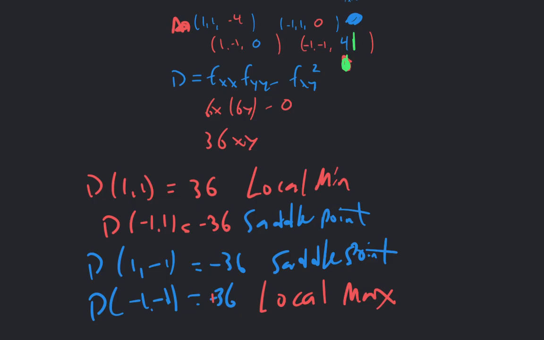So if we were to graph something like this, and I know this is a very simplified graph, we would have 2 points where it's like a saddle point.